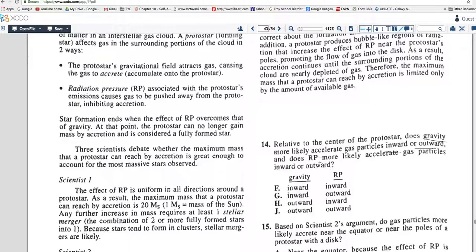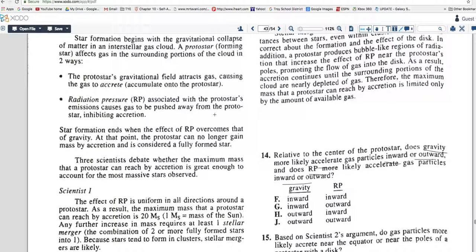How I found this was, it says in the passage, gravitational field attracts gas, and then the RP pushes, with the protostar's emissions causing gases to be pushed away. So that's how I got G for that.